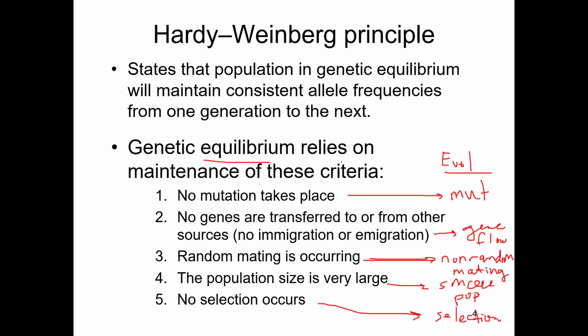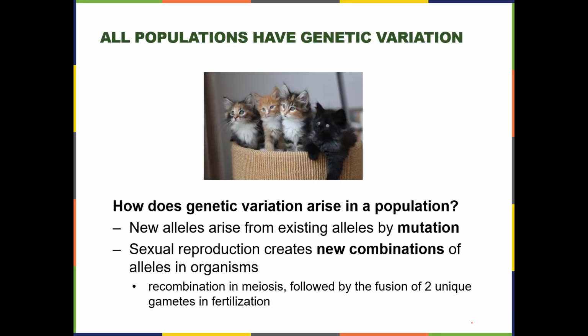So those are the 5 drivers of evolution, how they line up to the 5 requirements of equilibrium. Make sure you memorize those. Honestly, you just need to remember one or the other, and then you can figure out the opposites. Okay, but here we are.